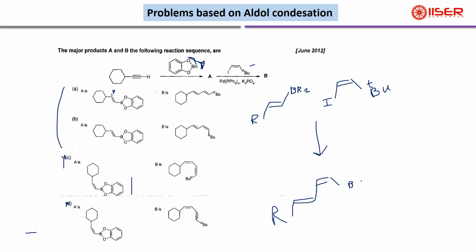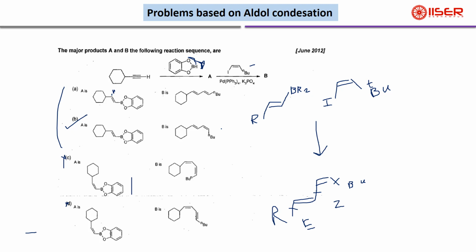So it's a trans double bond. So here it will be a Z and it will be an E. So the correct one will be option B. Correct option is option B.